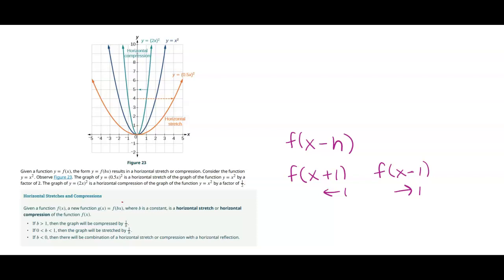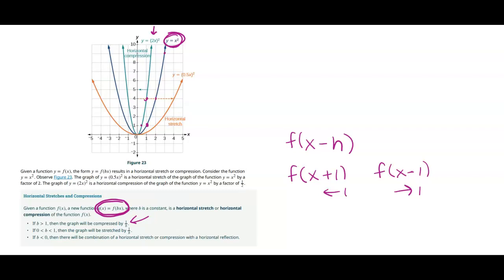So on the inside of your function, if b is greater than 1, then you're actually going to have a compression by 1 over b. So notice here on my graph, I have y equals x squared. Well, if 2 is on the inside, then each x value gets cut in half that I know here on my graph.